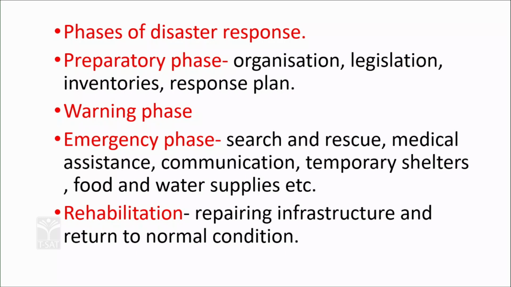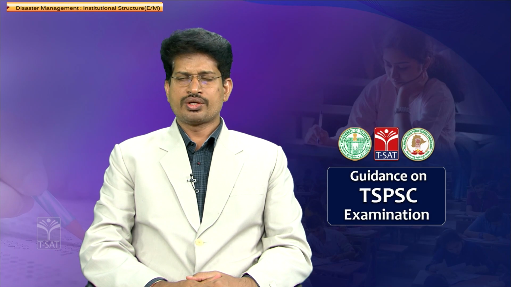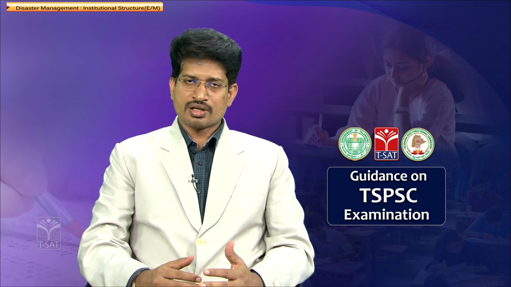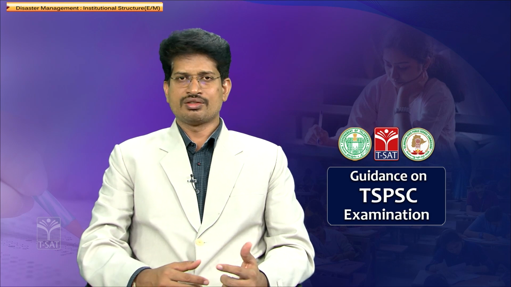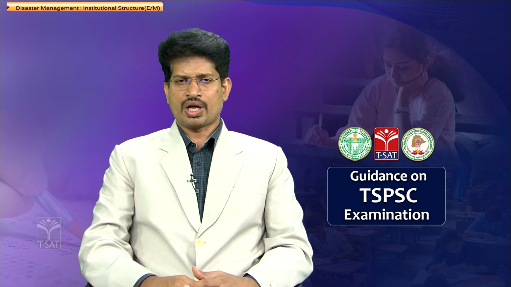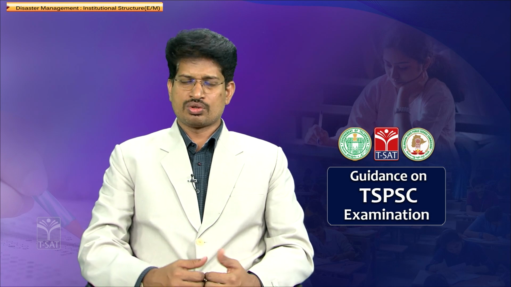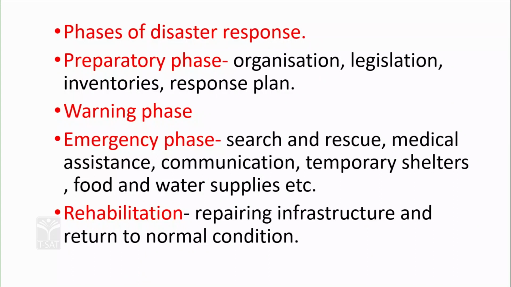So, immediately when there is communication available to you, you know the location where the disaster has happened, and what you will be doing is a search and rescue where the people are stuck in an earthquake or a cyclone, etc. You will be able to identify and rescue them so that loss of life can be prevented.